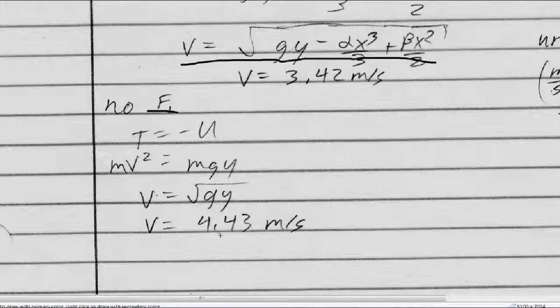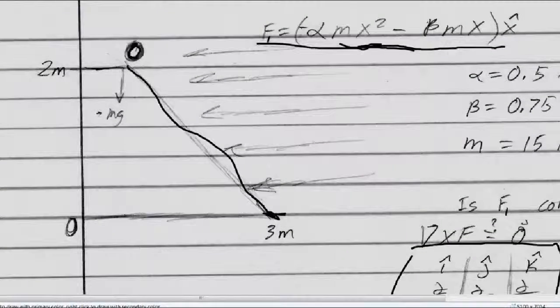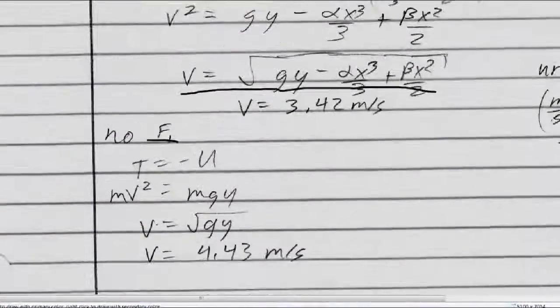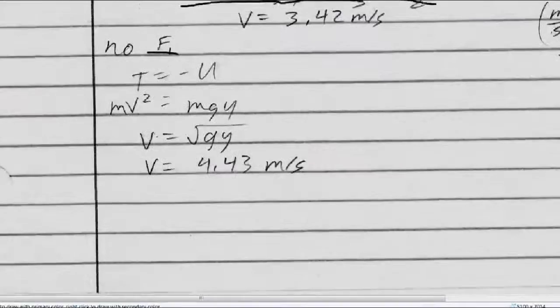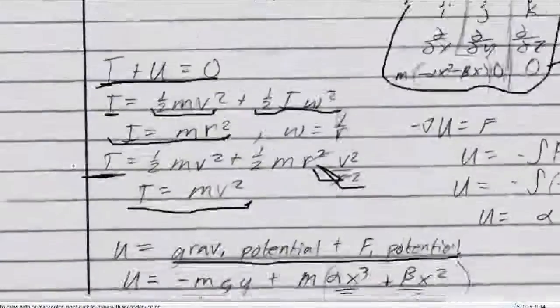And that makes sense because if you didn't have that force up here, the ball would roll down faster because the force is going this way, so it slows down the ball as it rolls. And that's pretty much it.